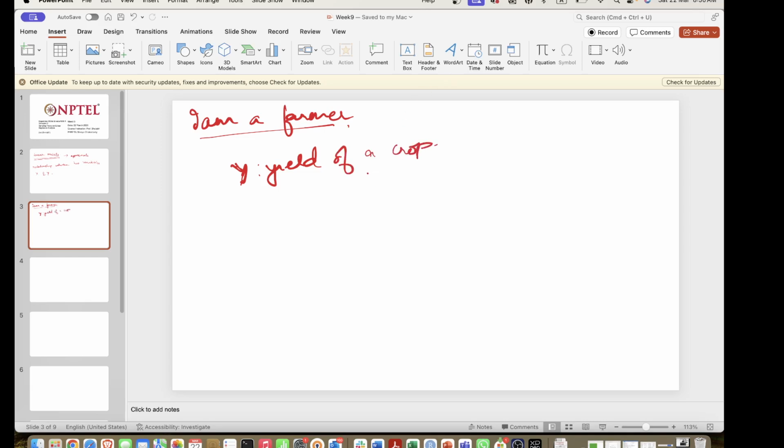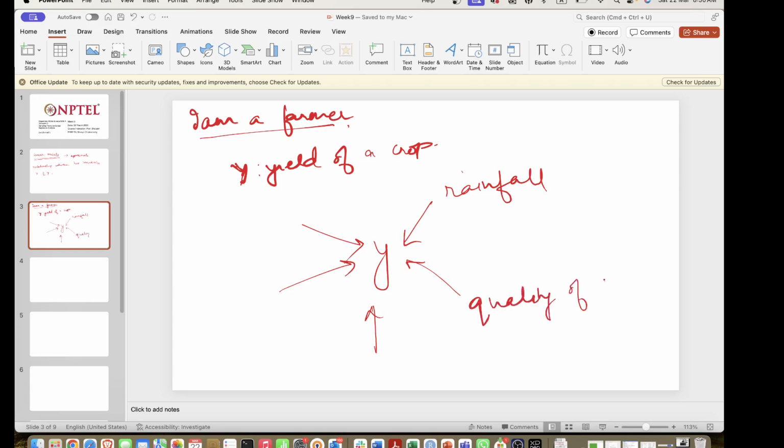Now this yield is affected by several factors. One could be the amount of rainfall. It is affected by, let's say, quality of seed. It is affected by whether it is genetically modified or not. It is affected by soil. It is affected by temperature.